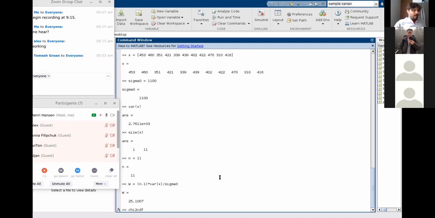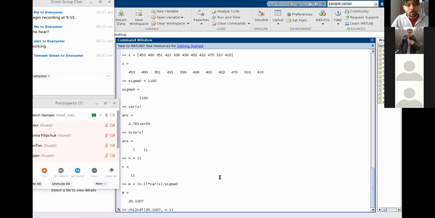So I'm just going to draw a picture of what we did here. Our assumption is that our W should have some distribution like this. And we got this result, 25.1007. I have no idea where this is. It's somewhere in here. I'm going to calculate this cumulative distribution function at 25.1007 and n-1.